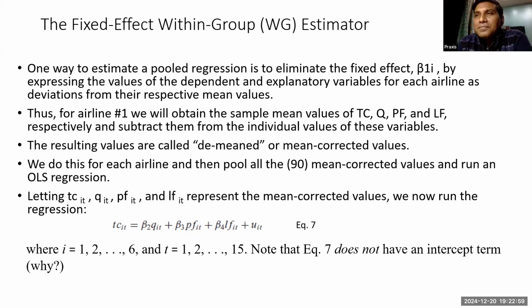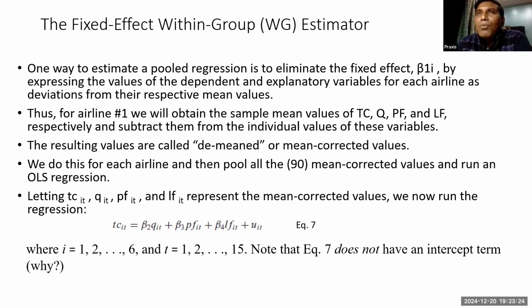How do you get rid of them? From each variable for each company, you calculate the mean and you deduct the mean from each variable. You do it for all the companies, right? And on the demeaned values, you run the regression.